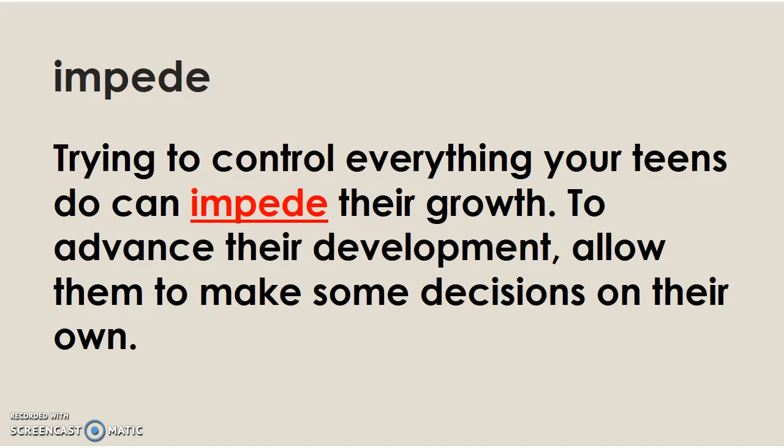So when they're not able to make decisions on their own, what does impede mean? To me, impede in this sense means something that is negative, that is going to hurt, that is going to be unbeneficial. So trying to control everything your teens do can hurt their growth.